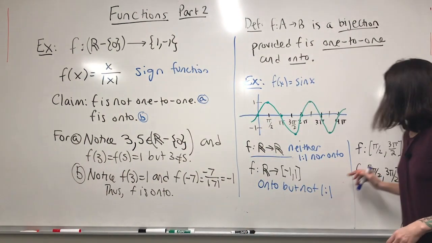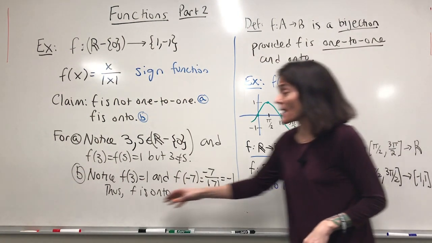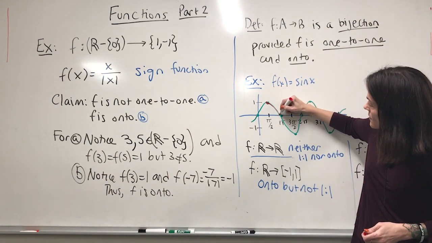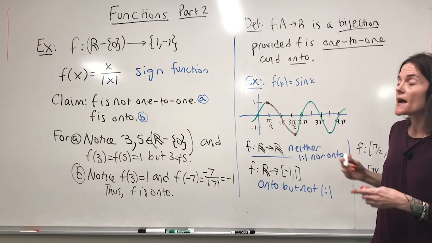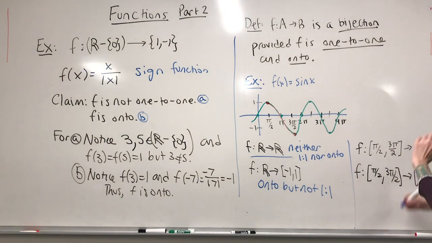Okay, come over here. And this one, well, if I restrict my domain, and here, I'm starting here to here, on the red, you notice I do pass the horizontal line test. So this one here is 1 to 1.